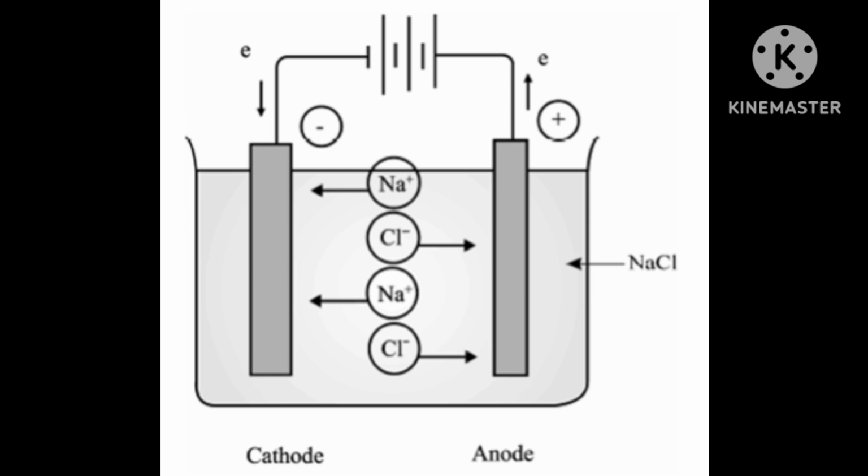Then 1 ohm centimeter in terms of meter is 0.01 ohm meter, because 1 ohm meter is equal to 100 ohm centimeter. Then 1 ohm centimeter means 1 divided by 100, that is 0.01 ohm meter. Then this is the relation.